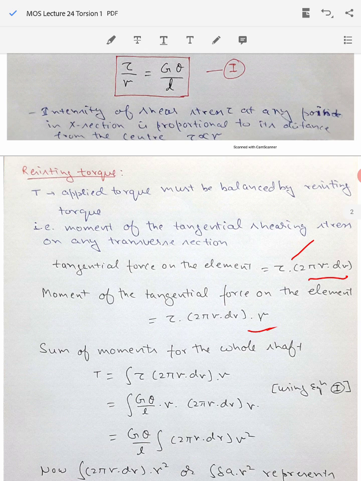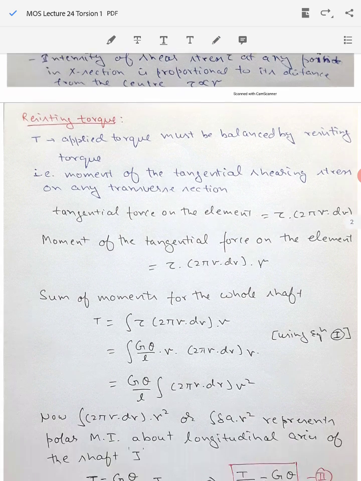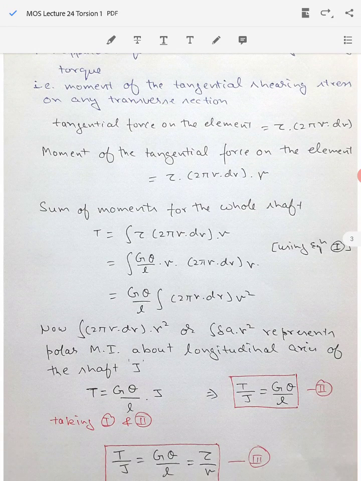So we will substitute for tau here as G theta by L into r from equation 1, and you will have the term G theta by L times the integral of 2 pi r dr multiplied by r square equal to the applied torque T. Now we know that the integral of 2 pi r dr times r square, which is nothing but the elemental area delta A multiplied by r square, represents the polar moment of inertia about the longitudinal axis of the shaft, which is represented by J.